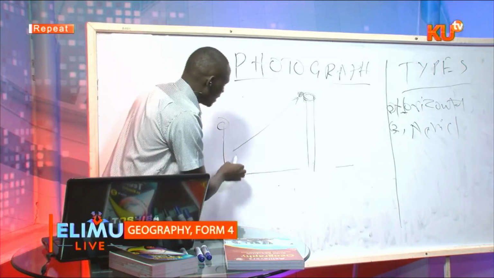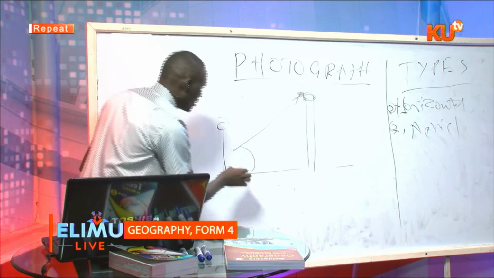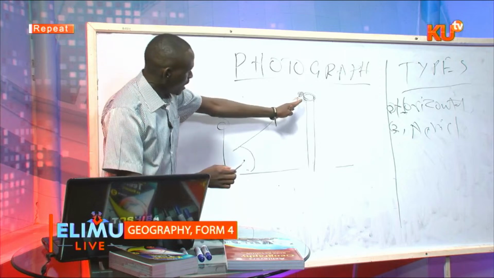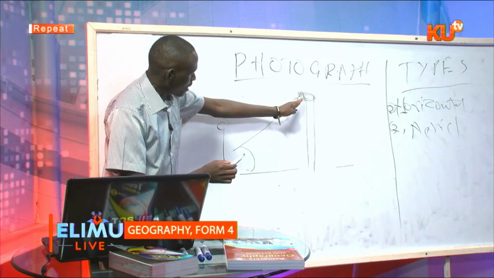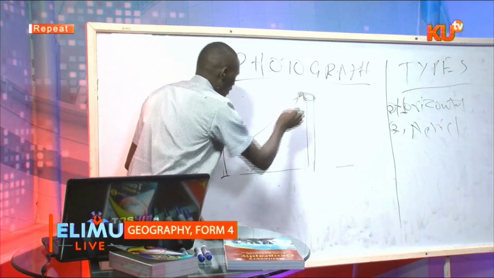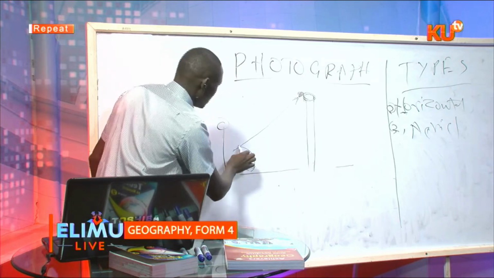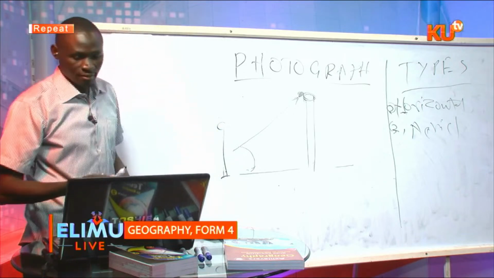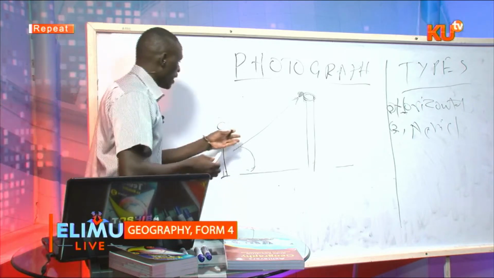But when we are dealing with obliques, there is some angle involved. You see, there's an arc here going to an inclined angle, capturing an object on a tall tower. This angle is what makes it be called the oblique photograph.